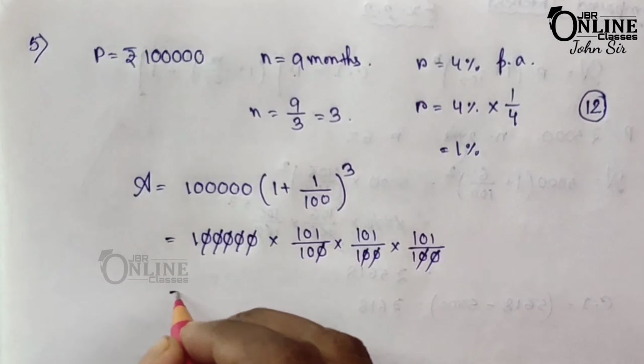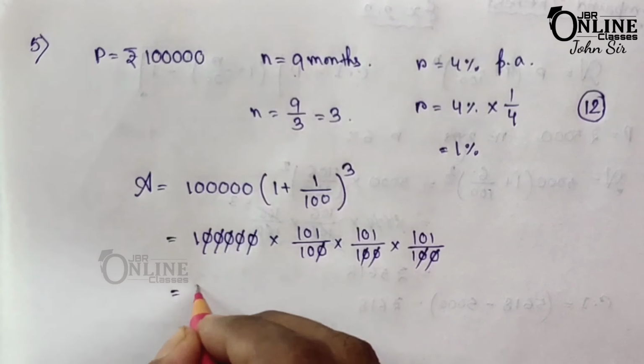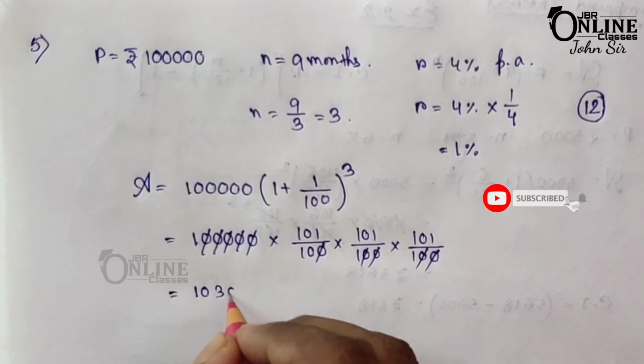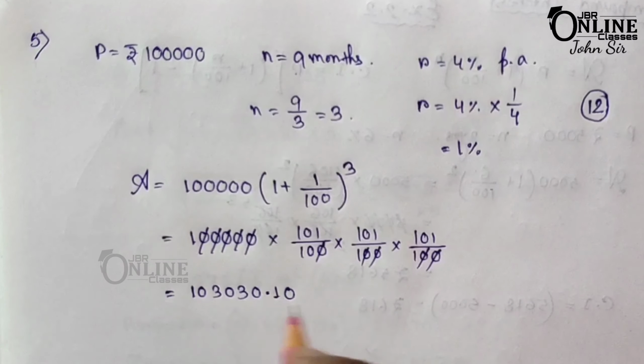So after multiplication, 101 into 101 into 101, then divided by 10, it will be 103030.10. So that is your amount.